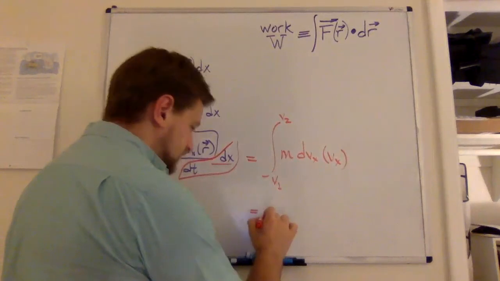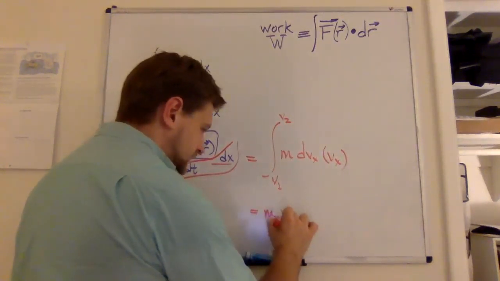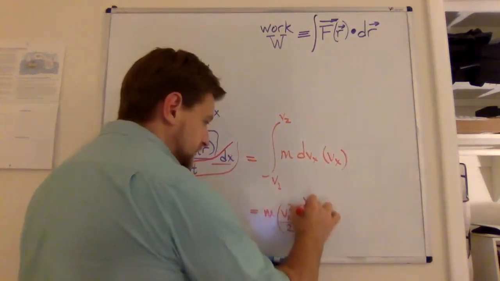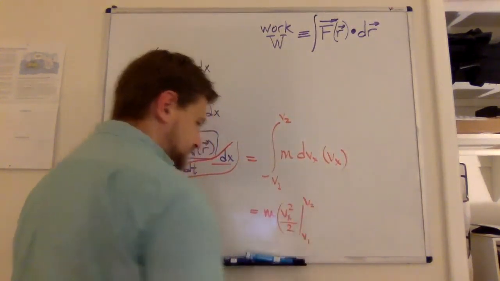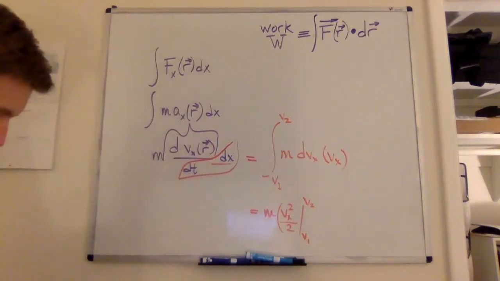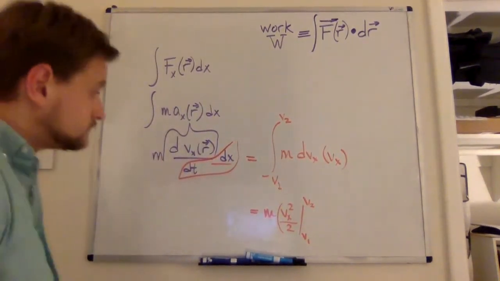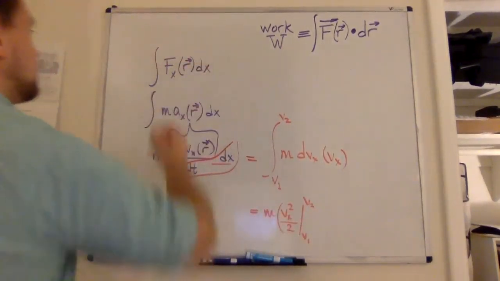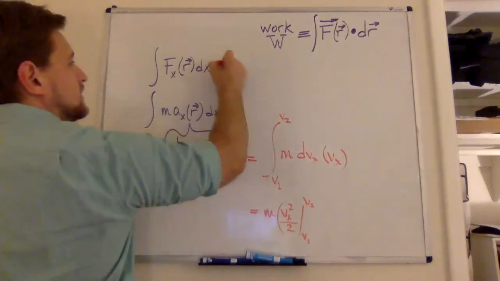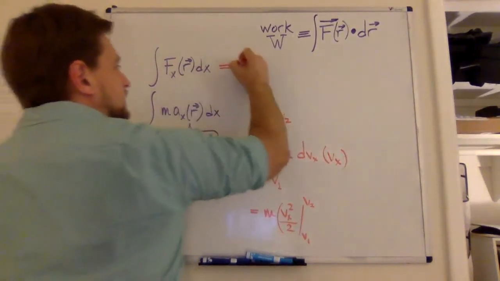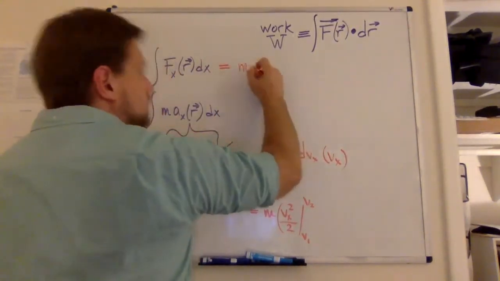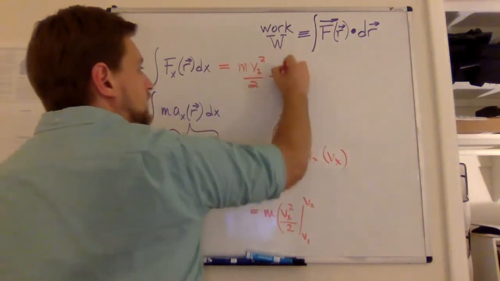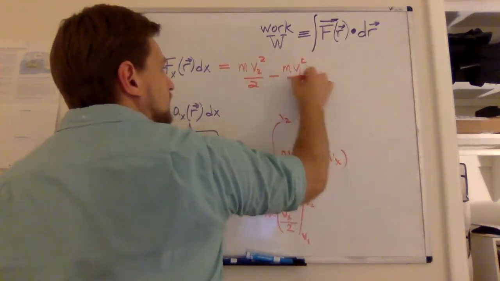That equals m vx squared over 2 evaluated from V1 to V2. So I'm going to hop back up here. This was one of those integrals, the x one, and it's m v2 squared over 2 minus m v1 squared over 2.